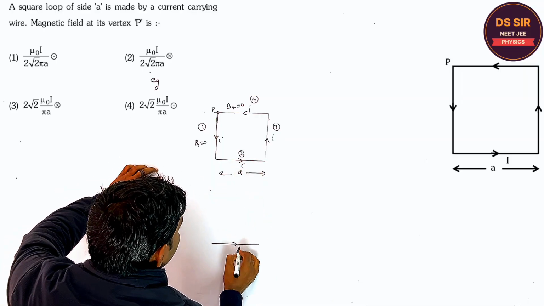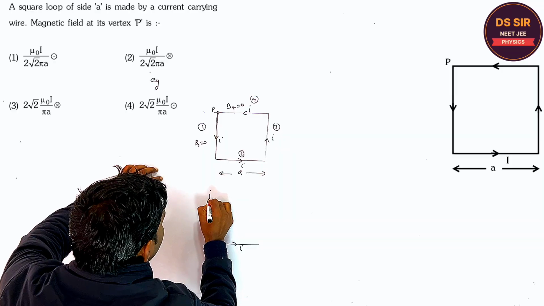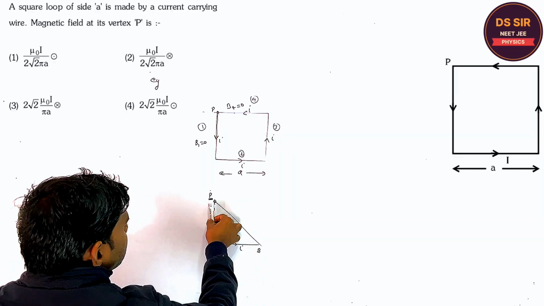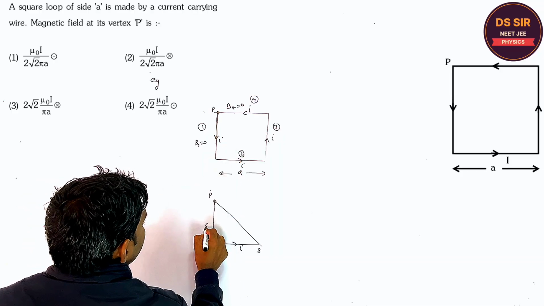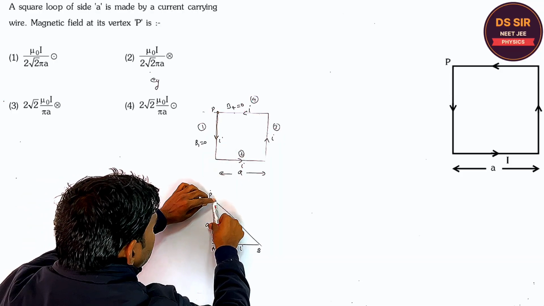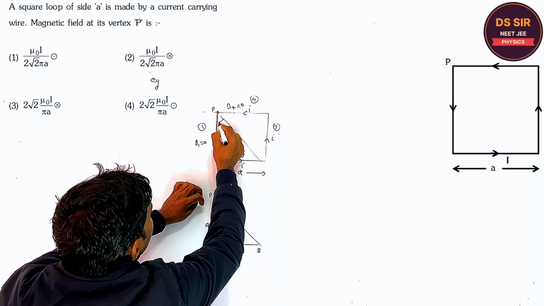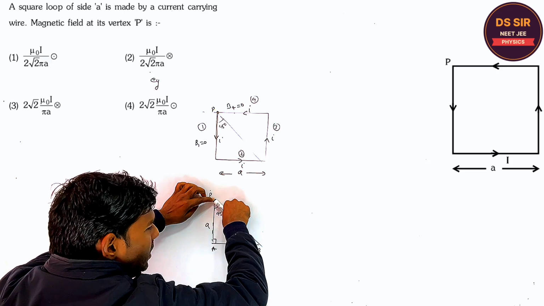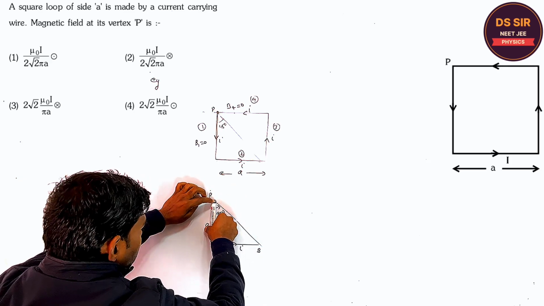Suppose this is the current I, and this is the point P. So you have to find, suppose this is the AB, this is the reference line. What is the perpendicular distance? Say A. So the B is making an angle, I think you understand, this angle is what? 45. And this is the angle theta 2, and what is the angle theta 1? 0.